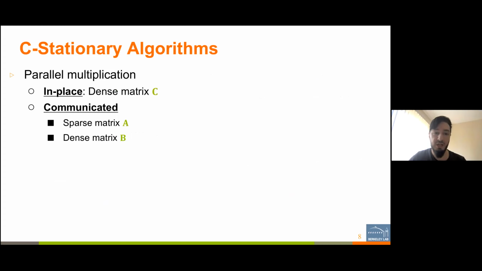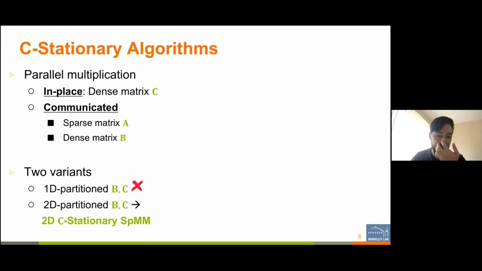In the C stationary algorithms, the output dense matrix stays in place, and we communicate the sparse matrix and the input dense matrix. Here again, we have two variants according to the decomposition of the dense matrices. We are not going to talk about the 1D partition of dense matrices because this requires a lot of communication.